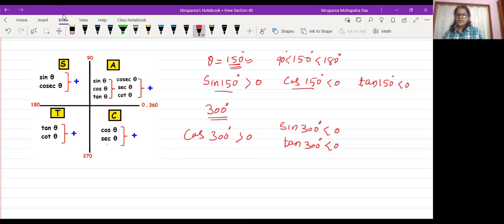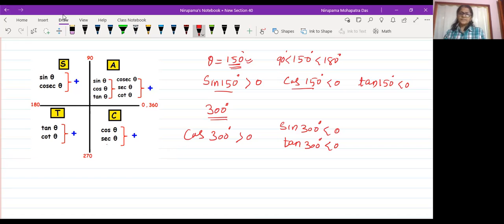As I said, when theta equals 150 degree, because 150 degree is an angle in the second quadrant, and in the second quadrant sin theta is positive, so sin 150 degree will be positive, cos 150 will be negative, and obviously tan 150 will be negative.